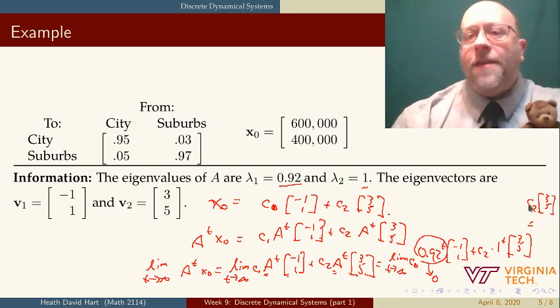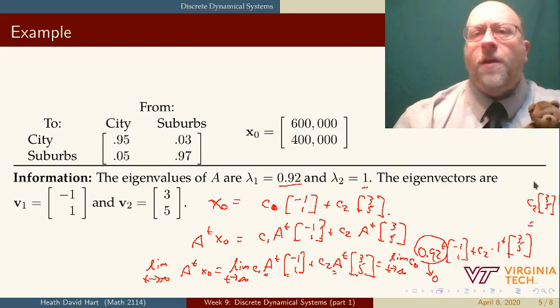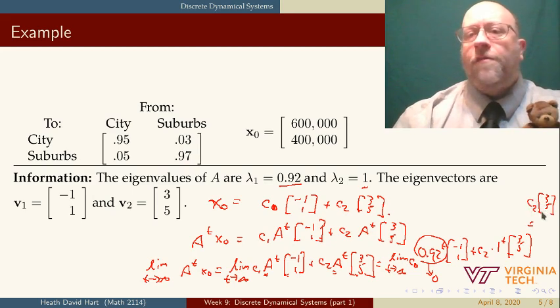Now, we didn't take the time to figure out what c2 was, but what we know is that c2 times 3 is smaller than c2 times 5. And so we know just from answering this question, even without solving for c2, that eventually, yes, the suburbs will gain population that's bigger than the city.